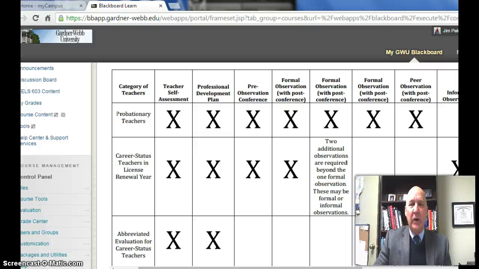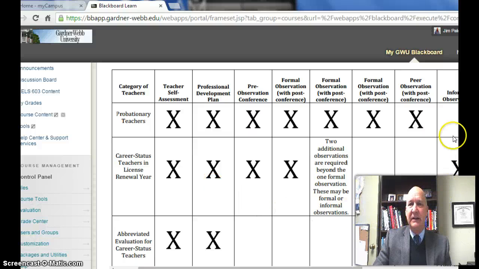And what has not changed yet, might in the future, is the system of 3 formal and 1 informal evaluations for probationary folks, fewer evaluations for folks who are career status with those informal snapshots. And then when teachers are coming up at the end of their renewal cycle, if that's a 1, 2, 3-year contract going forward, then they would likely have the 3 observations again.